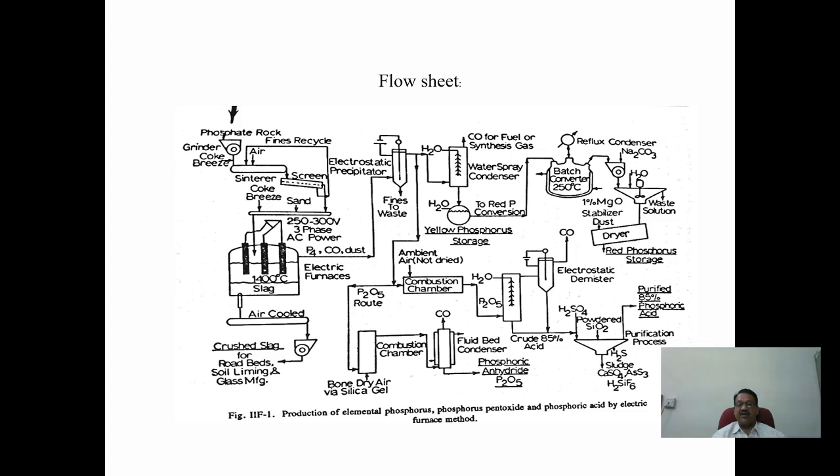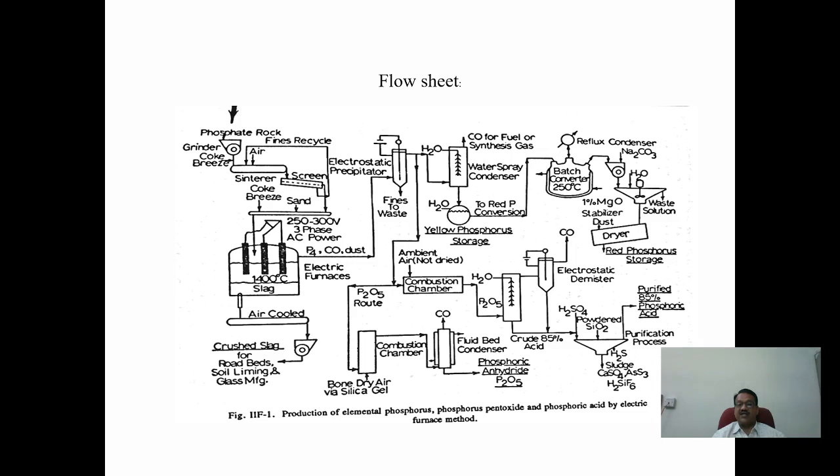Then the crude phosphoric acid is sent to the purification process, wherein it is added to the treatment plant and sulfuric acid is added so that any calcium salts present in the phosphoric acid are converted into calcium sulfate.